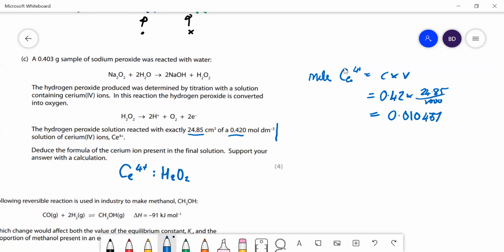Right, let's do that then. The hydrogen peroxide in the titration. Well, the hydrogen peroxide all comes from the sodium peroxide. So let's work out the moles of sodium peroxide, we can do that because we've got the mass.